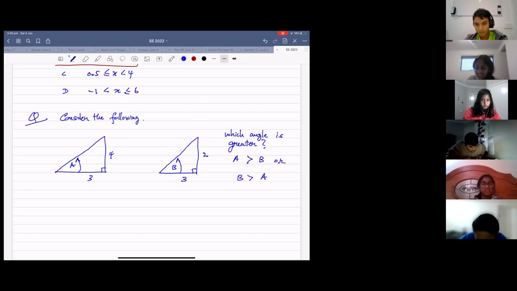So I tried to do the tan, sin, and cos thing. All right, very good. Go ahead. The first one is 4/3, and the second one for B is 2/3. So 4/3 is greater than 2/3. Very good. That's it. Common sense.